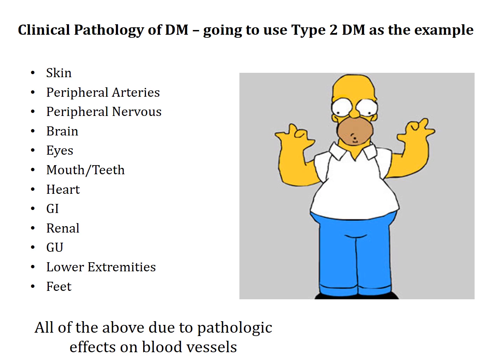So remember, persistent hyperglycemia is going to lead to skin pathology in the form of dry skin, breakdown of skin, increased risk of skin infection. It's going to have adverse effects on peripheral and central arteries, increasing plaquing in those arteries. It's going to lead to damage to peripheral nerves, leading to peripheral neuropathies.